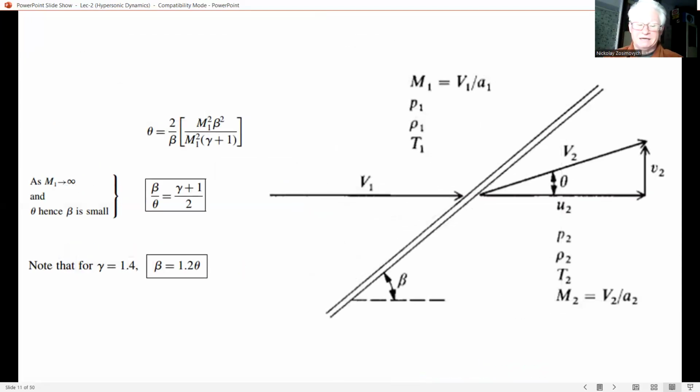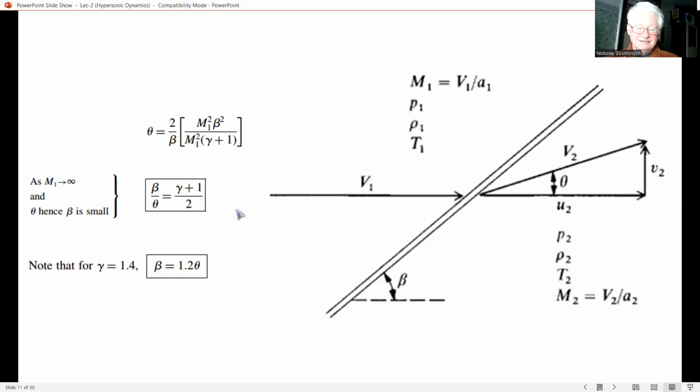Applying the high Mach number limit to the last derivation, we can get this expression we just saw. In our equation, M1 cancels, and we finally obtain in both the small angle and hypersonic limit, as M1 becomes infinite and theta hence beta is small, this simple, very nice expression: beta over theta equals gamma plus 1 over 2.